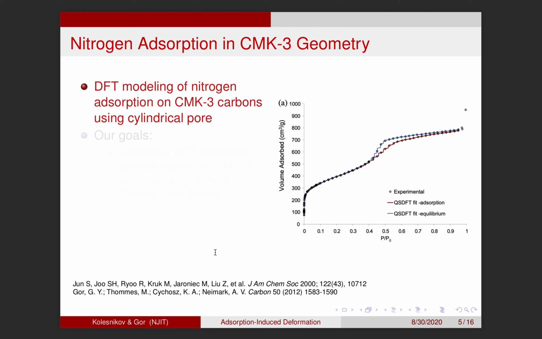So using a conventional model and applying it to these unconventional materials. The model worked well, and in fact was even implemented in the Quantachrome instruments porosimeter. However, from looking at this picture of CMK3 carbons, it's clear that a cylindrical pore is an oversimplification.